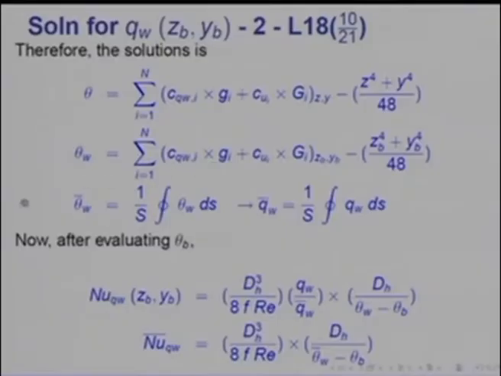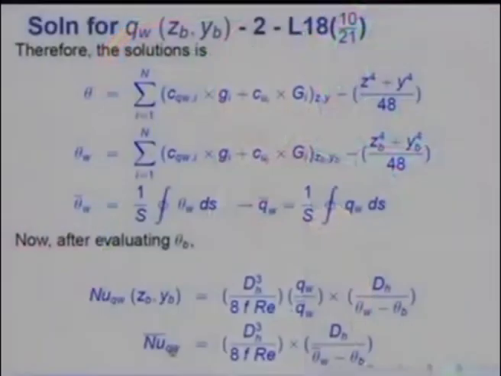Knowing theta wall, I can also evaluate theta wall bar as given, and of course, Q wall bar will be 1 over S line integral of Q wall ds. Then Nu for the Q wall varying would be given by that again as before, and the circumferentially averaged heat transfer coefficient would be given by the expression that I have shown at the bottom of the slide.